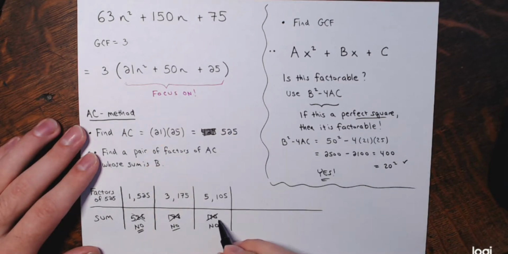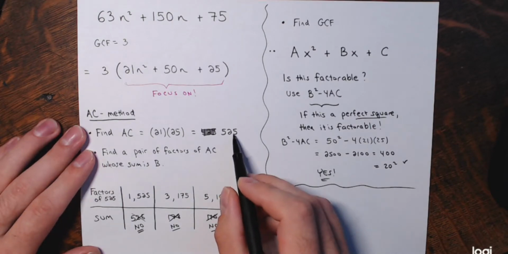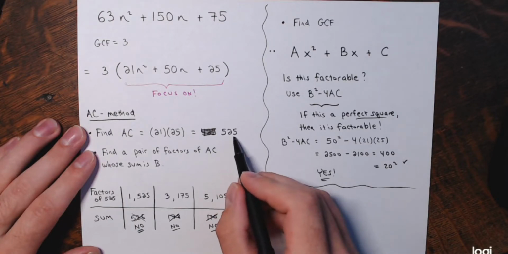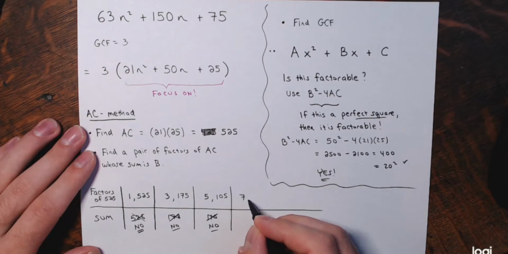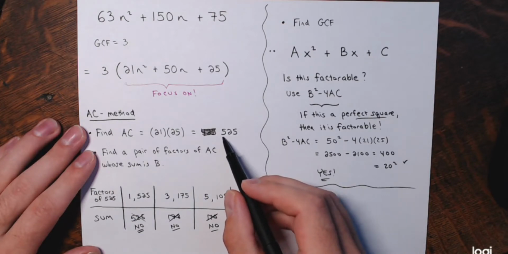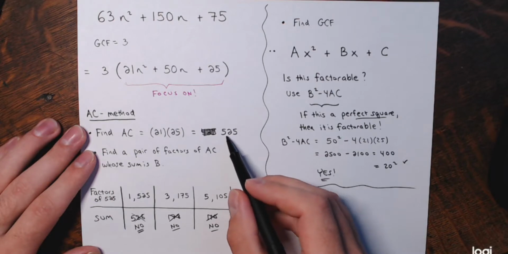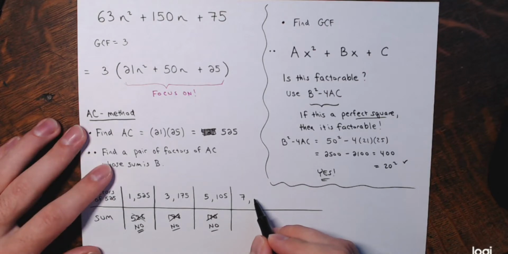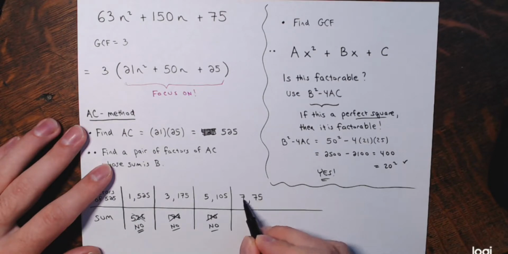So no on that. 6 doesn't go into this. 7, I'd have to check. 490 plus 35, 7 does go into this. 7 times 70 is 490, and 7 times 5 is 35, so 490 plus 35 would be 525.